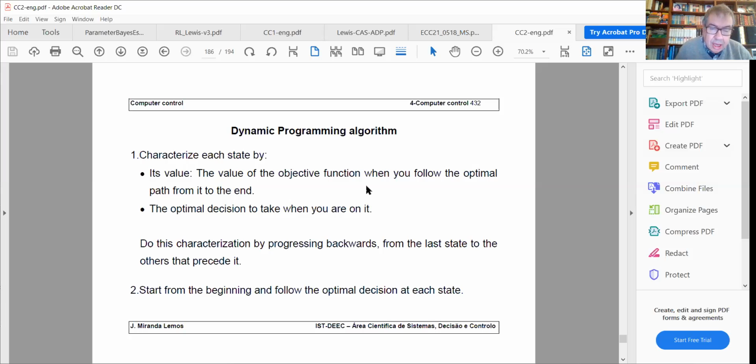Now, suppose that you are supposed to achieve this terminal point at some time, let's call it capital N. Now, go backwards 1 point. So go to point N minus 1. So you have just one decision to go to the terminal point.